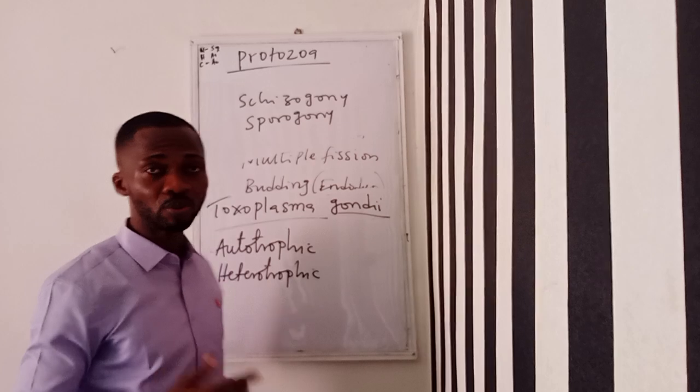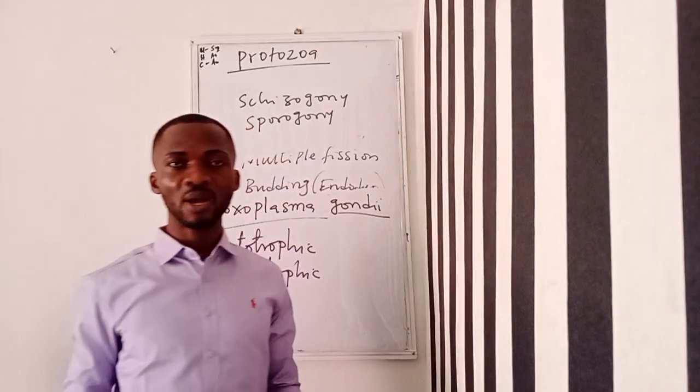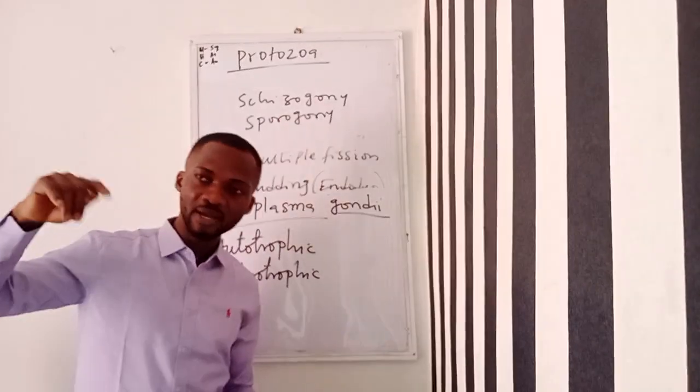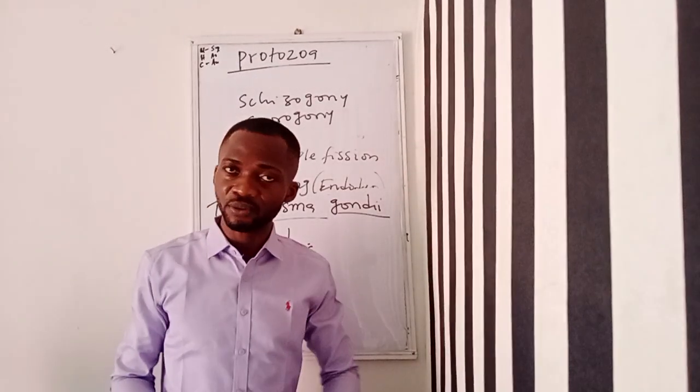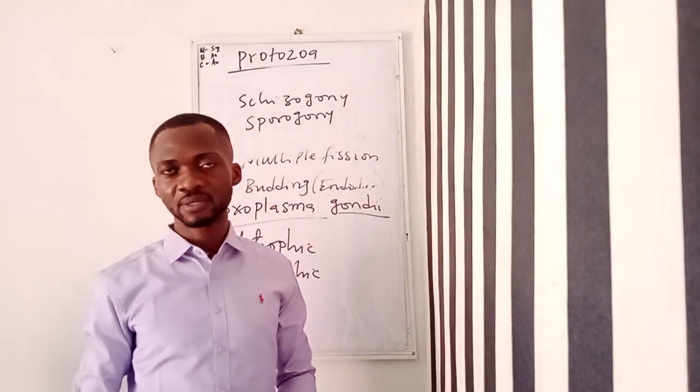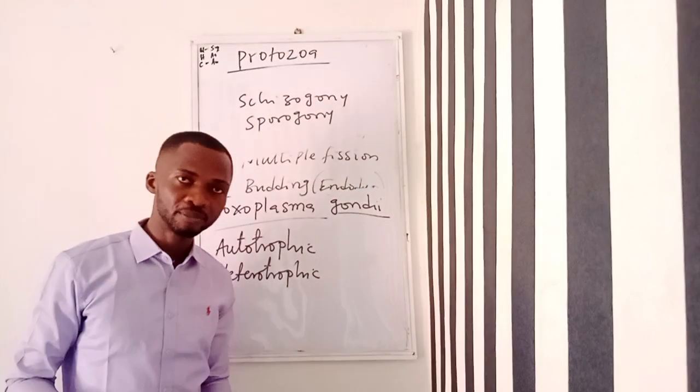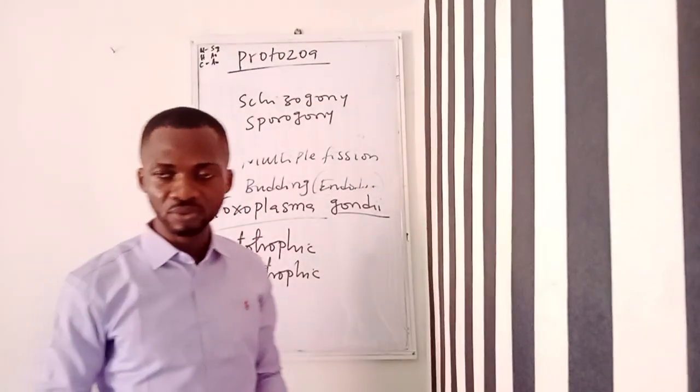That means having the ability to produce your own food. So some protozoa found under the phytoflagellates are able to produce their own food, like Chlamydomonas and even Euglena.